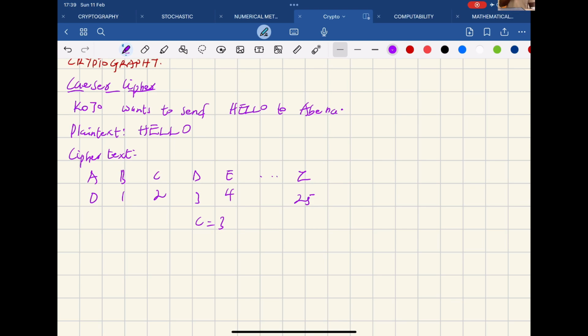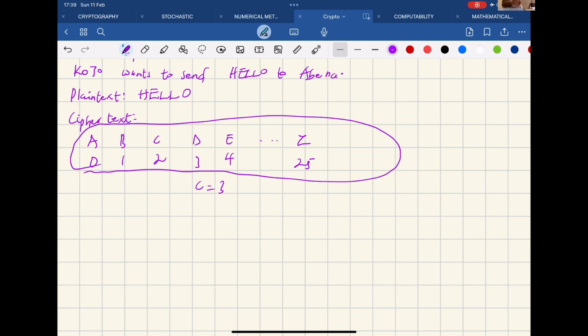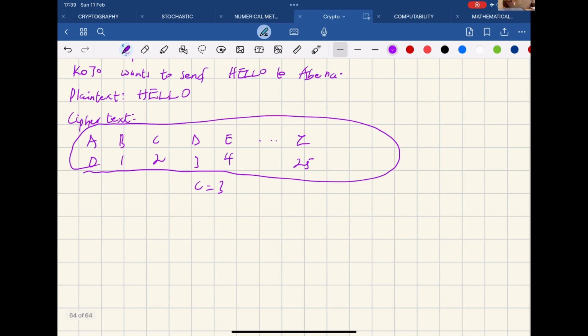I am Kojo. I want to send hello to Abena. So now what I would do is add 3 to each of my plain text letters. So using the English alphabet, let's do it this way, hello.